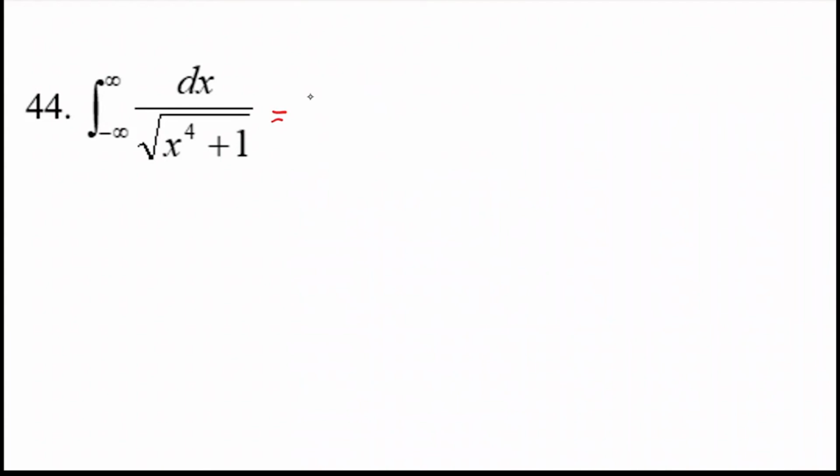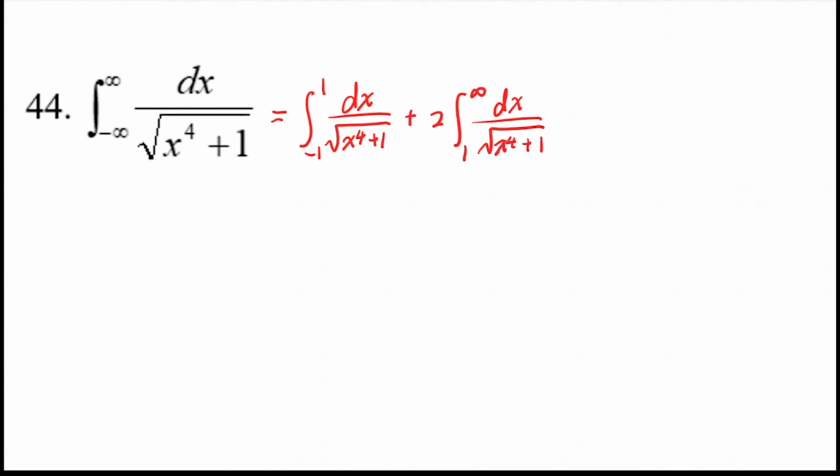This thingy is the integral from -1 to 1 of dx over the square root of x to the fourth plus 1, plus 2 times the integral from 1 to infinity of dx over the square root of x to the fourth plus 1. Do you agree? I cut the middle part from -1 to +1, and this is definitely a positive number. And then for this part, I use the symmetry.